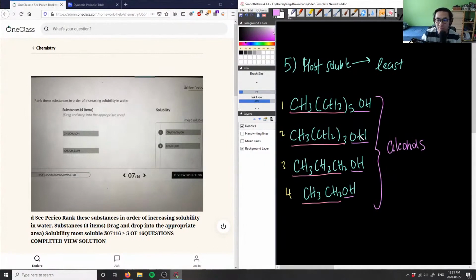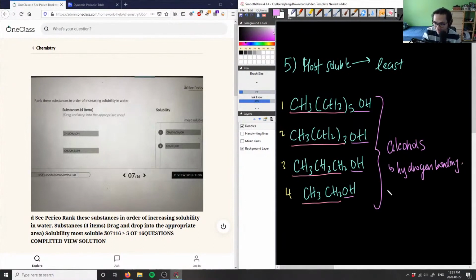When we're talking about solubility, we care about the intermolecular forces in these compounds. Since they're all alcohols, they all have hydrogen bonding, because the hydrogen on the hydroxyl groups can make hydrogen bonds with the oxygen atoms in solution. So hydrogen bonding exists.